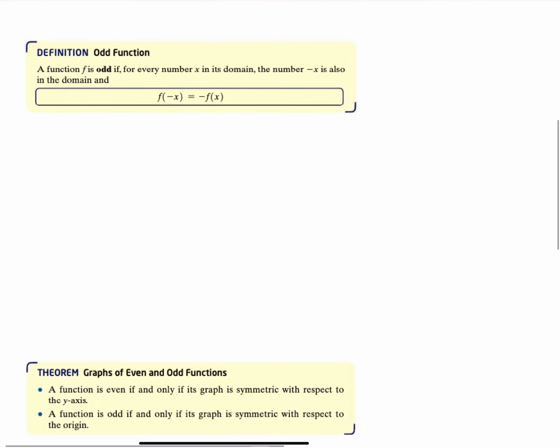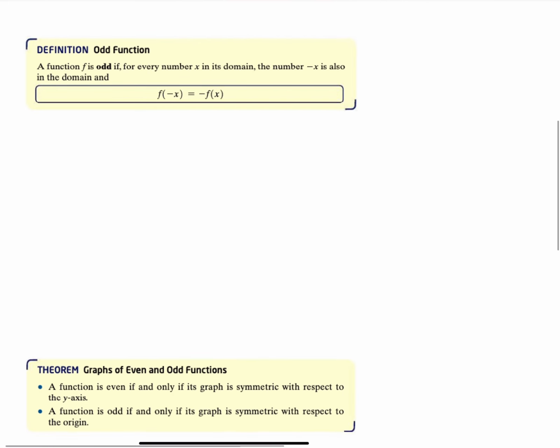So let's consider something different. This would be an odd function. For an odd function, we get this pattern where f of negative x equals negative f of x.